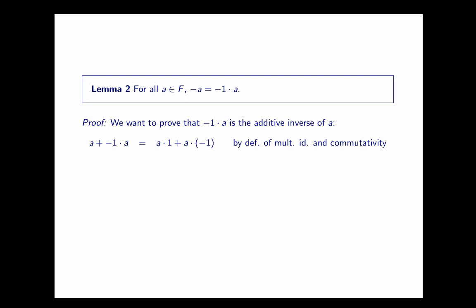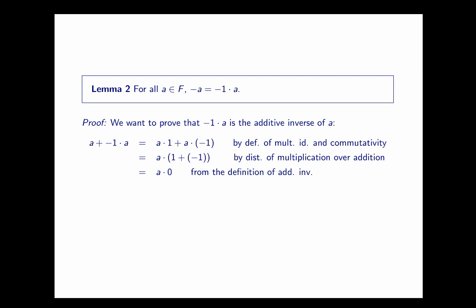However, let's justify each step of our proof using the axioms or any previous lemmas. We know a times 1, by definition of the multiplicative identity, is a. So a can be replaced with a times 1. And then I can factor out a using the distribution of multiplication over addition.